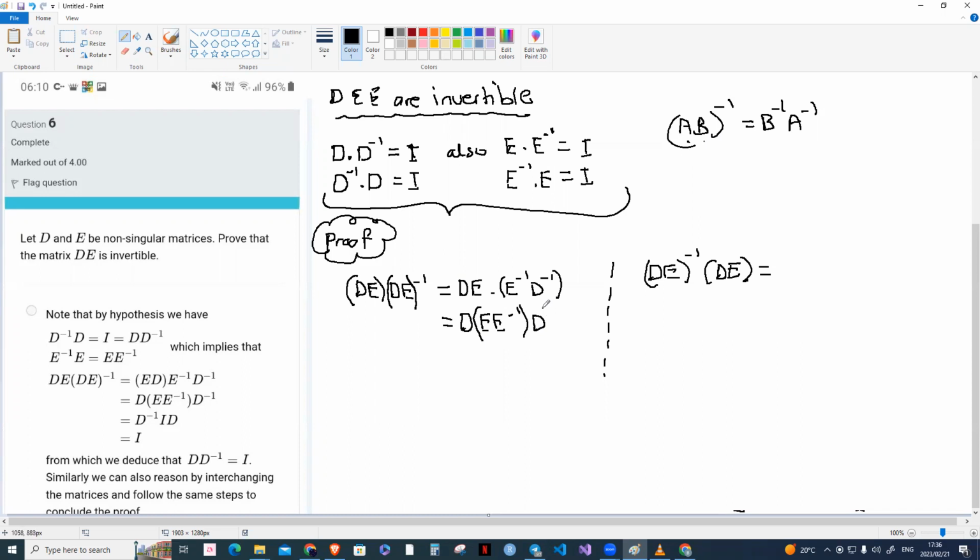I haven't moved anything around. You can't just move matrices around as you like. This will give me I, right? And then this will give me D D inverse. It's the property AI equals A. Then this is I.